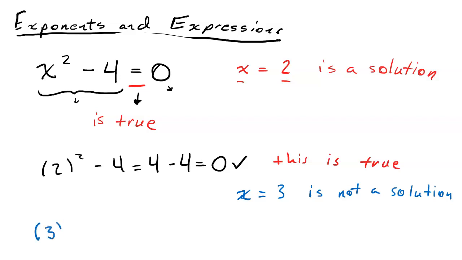So 3 squared minus 4 is equal to 9 minus 4, which is equal to 5, which is not equal to 0. So this shows that x equals 3 is not a solution of this equation. It gives you a result that does not prove that it is true, if that makes sense. I hope it does.